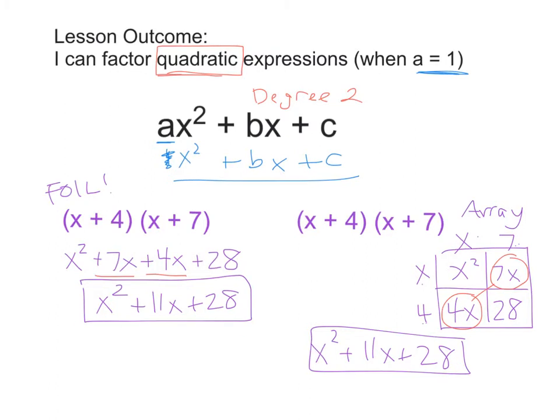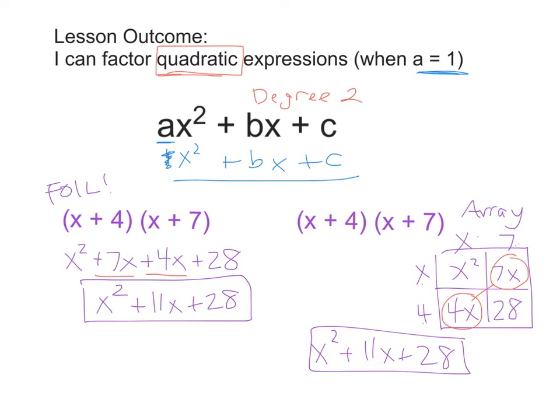So if you think about how we arrived at this quadratic expression by multiplying two binomial factors, remember, factors are when we multiply things together. So this is a factor times a factor. And when we multiply these two factors together, we got this.